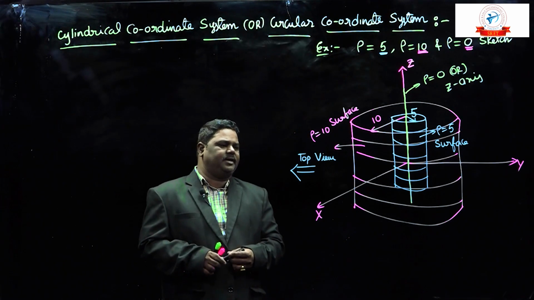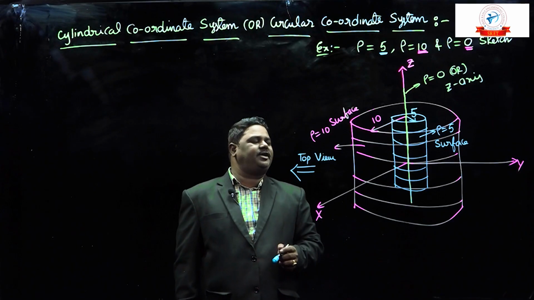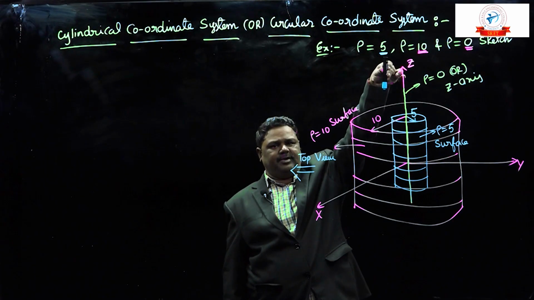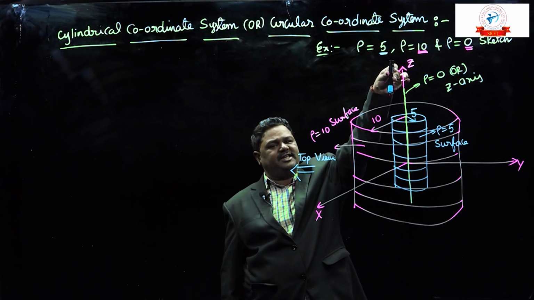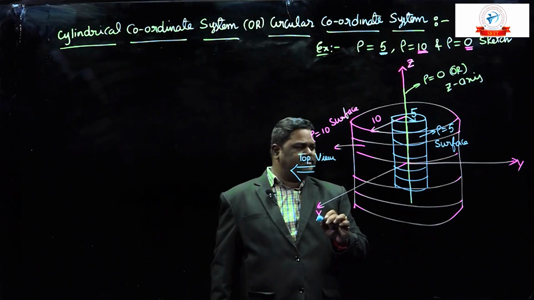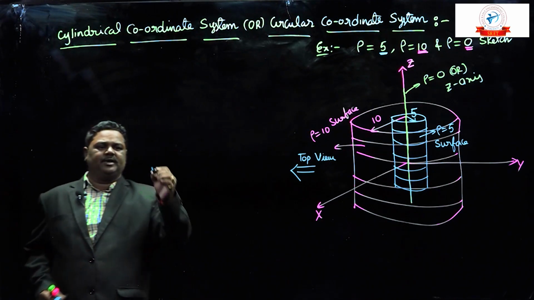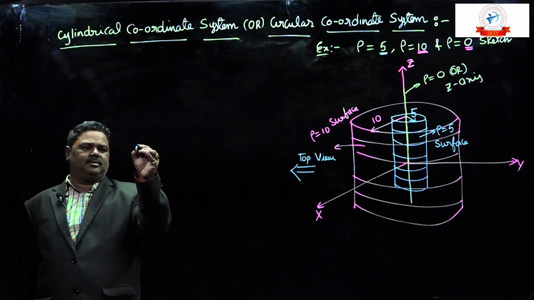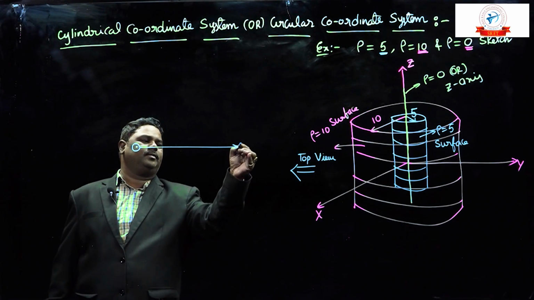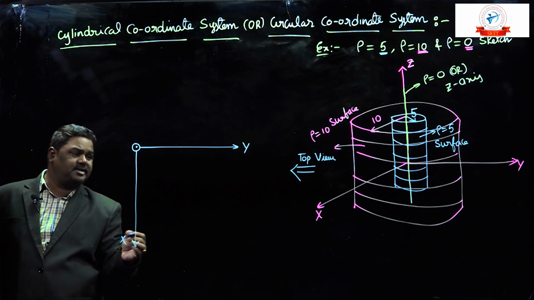To draw the top view of this entire diagram, first let us draw the top view of the coordinate axes. If you observe from the top, we can observe the xy plane, and it looks like this. This is the y axis and this is the x axis.